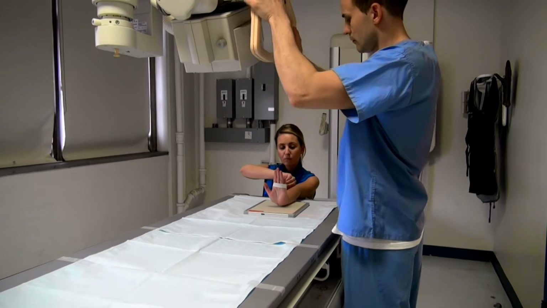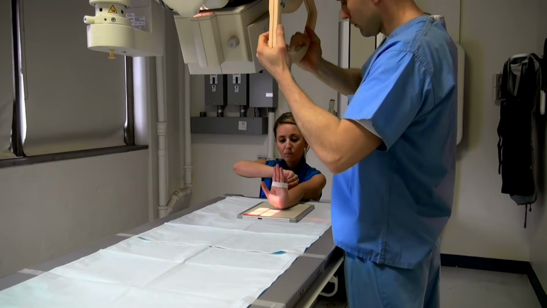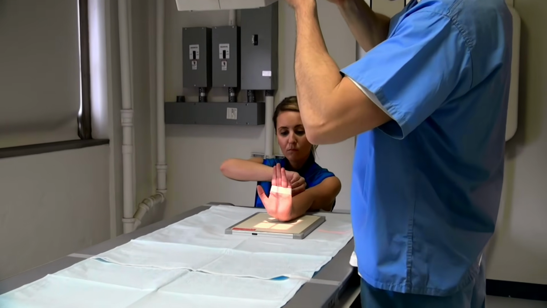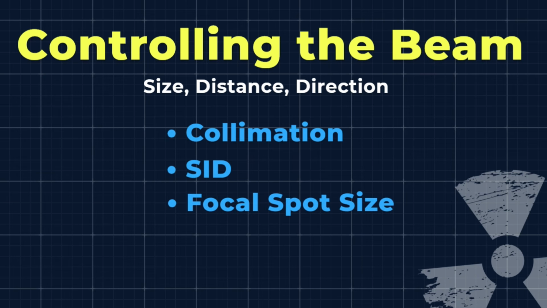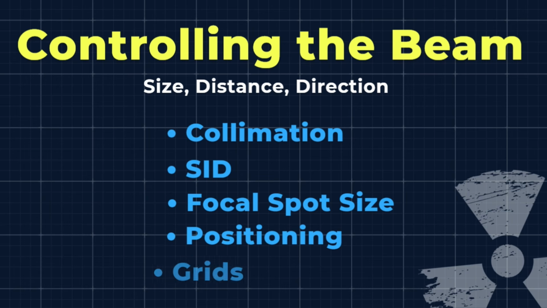So we have to control the beam by limiting its size, distance, and direction instead. And we do that with collimation, which narrows the X-ray beam, SID, which controls distance from source to image receptor, focal spot size, which affects recorded detail, positioning, which controls how the anatomy is projected on our image, and grids, used to absorb scatter before it reaches the image receptor.